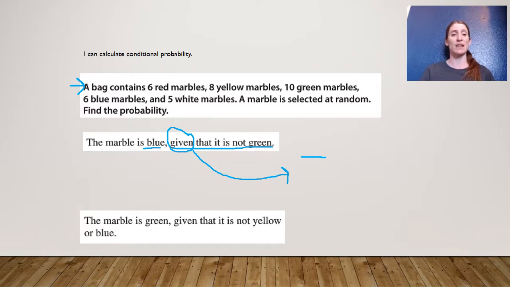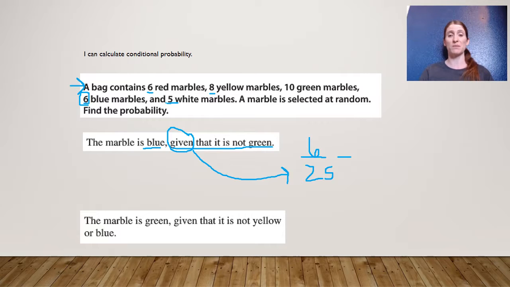So let's go ahead and add those up. The ones that are not green are 6 red plus 8 yellow, so that's 14, plus 6 more blue, which is 20, plus 5 white, which makes 25. So my new total, because I have that given condition, is 25. Then I want to find my numerator. Well, I'm looking for the ones that are blue. It says 6 are blue, so I'm going to make that my numerator.